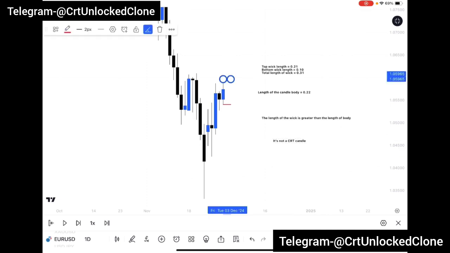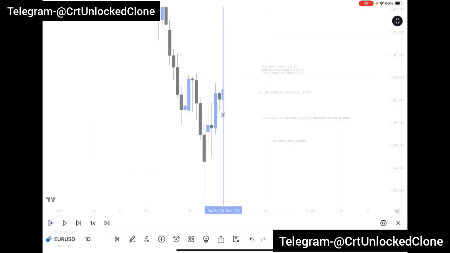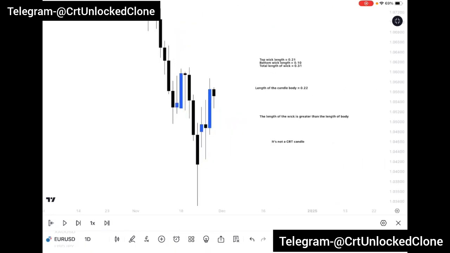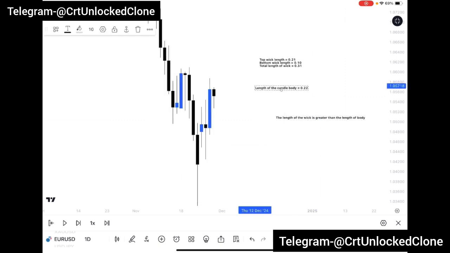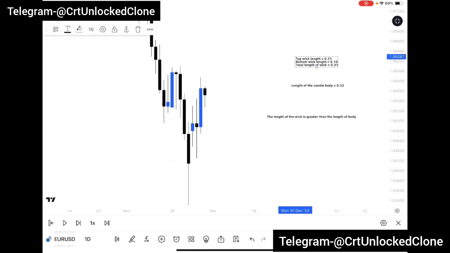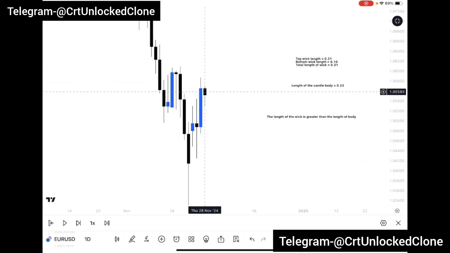So now let's check the next candle, so that we can hide this candle and let this candle be visible. Let it be on the side. So now we can check this candle.